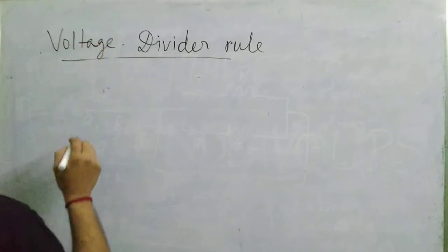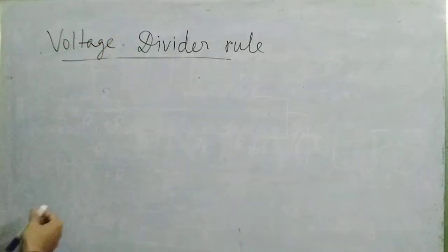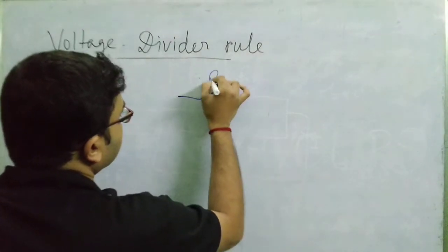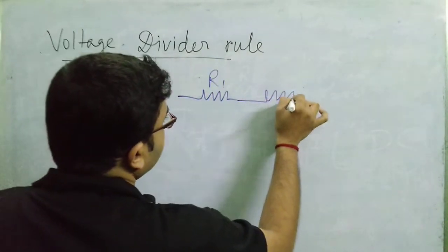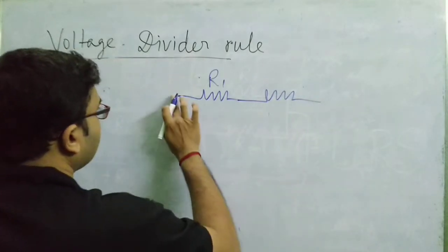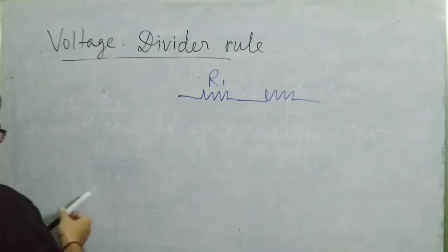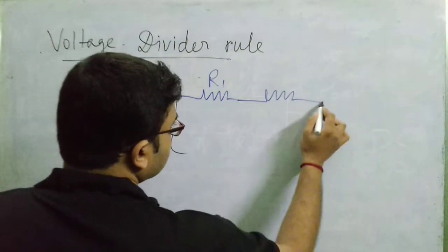Voltage divider rule. Let us consider that two resistors are in series. This is R1 and this is R2, and they are connected to a certain source. It may be anything.